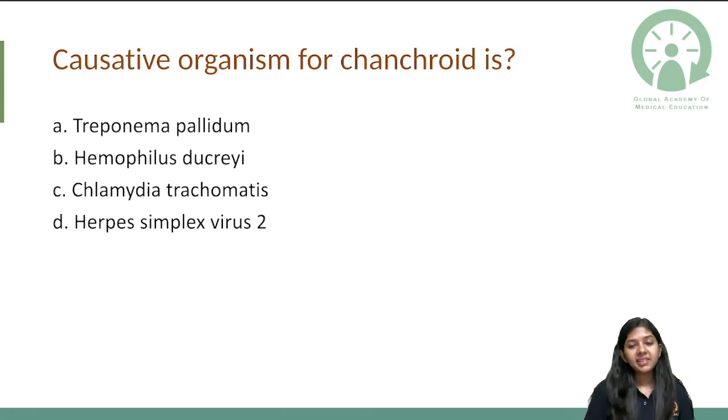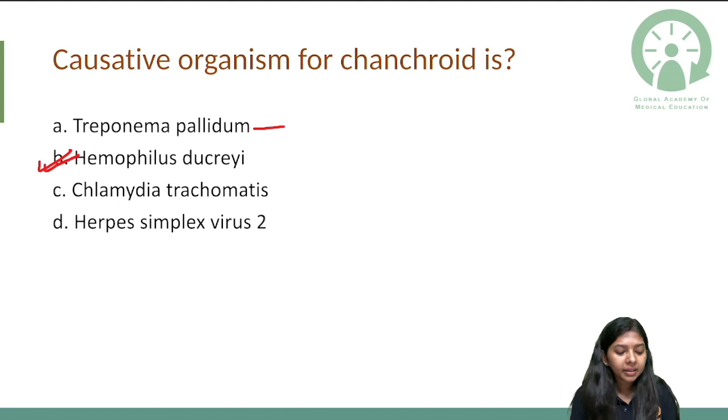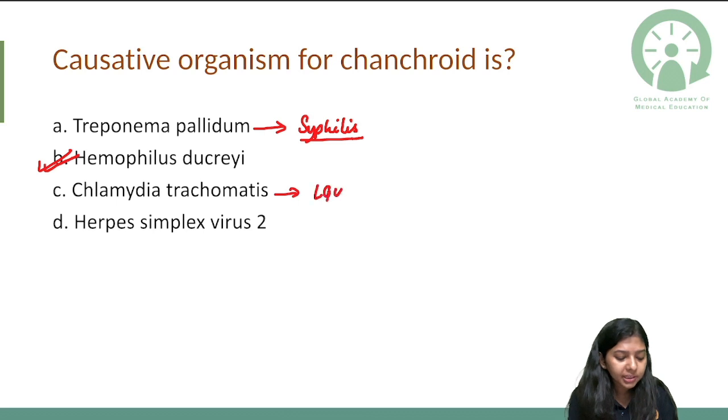Coming to STIs, what is the causative organism of chancroid? So causative organism is Haemophilus ducreyi. Treponema pallidum is the causative organism for syphilis. Chlamydia trachomatis, LGV, lymphogranuloma venereum.